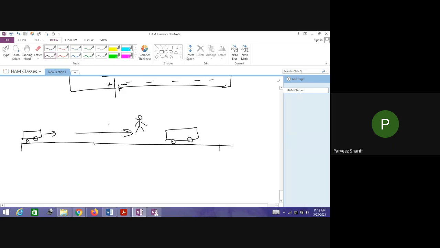But what happens if you put a barricade here at this point, and then the policeman checks the vehicles and then lets them go? At that time, what happens? A lot of vehicles get piled up here. So it means if 5 vehicles are coming at the check post, all 5 will be crossing. There is no doubt. But the thing is that they are not traveling at the same speed.